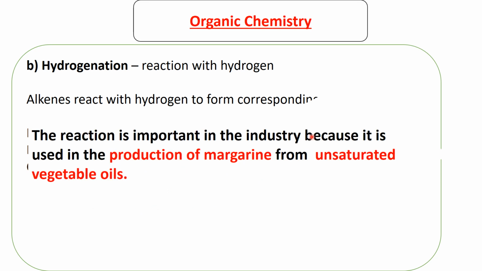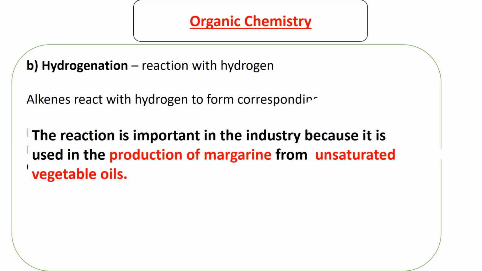Then there's this important point about hydrogenation. The reaction is important in the industry because it is used in the production of margarine from unsaturated vegetable oils. So to form margarine, unsaturated vegetable oils are reacted with hydrogen, then they become saturated. In short, oils are oily, like cooking oil.